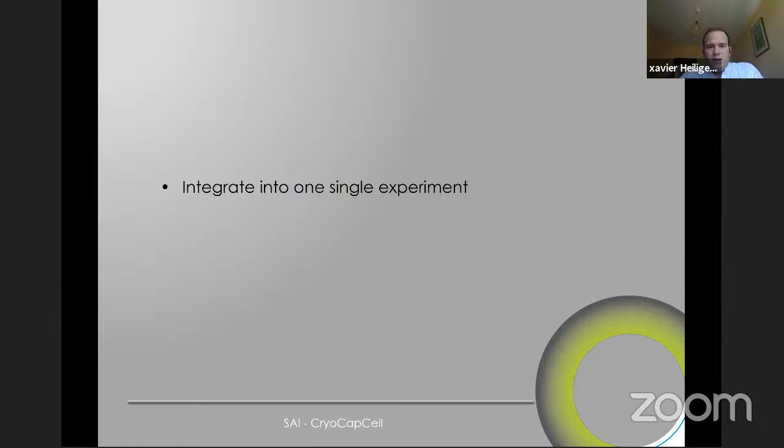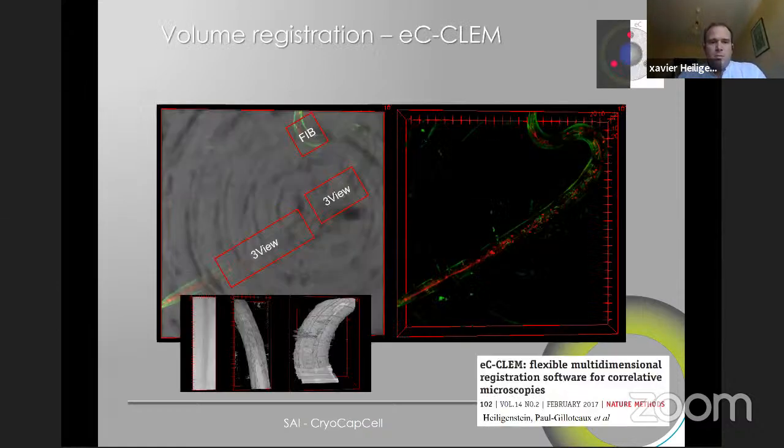So if you take this and integrate that into one single experiment, you do high pressure freezing, as I mentioned, you freeze substitute it with a very low amount of fixatives, and then you do fluorescence in 3D by confocal microscopy directly of your block. And what you can see here is a C. elegans that has been high pressure frozen and freeze substituted with the R221 resin, for preserving the fluorescence.